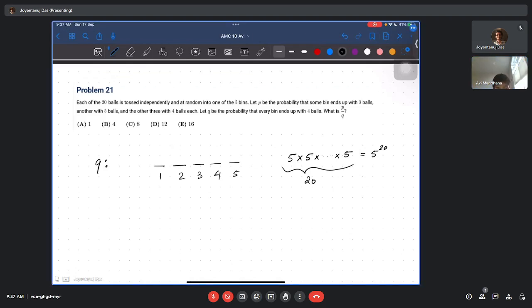So this is the denominator. If you know the probability definition, the total number of ways comes in the denominator, right? Now I have to figure out how the arrangement is coming such that every bin has exactly four balls.